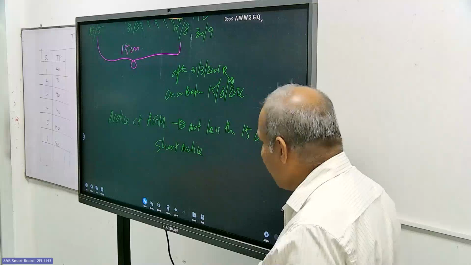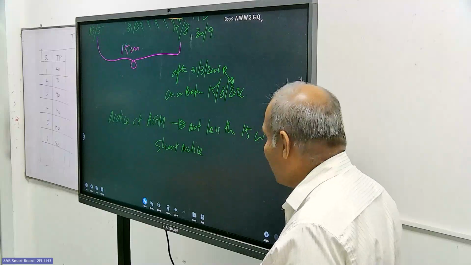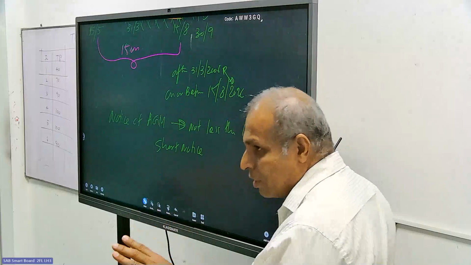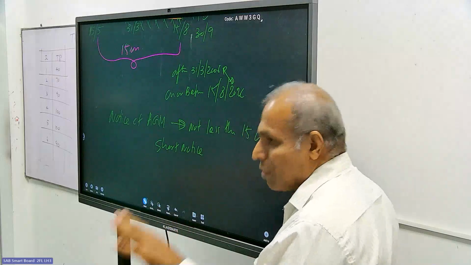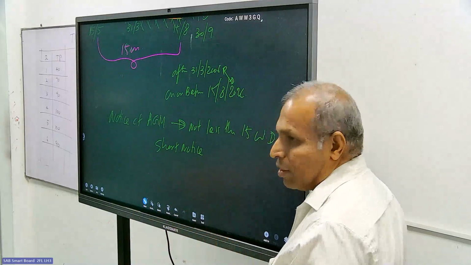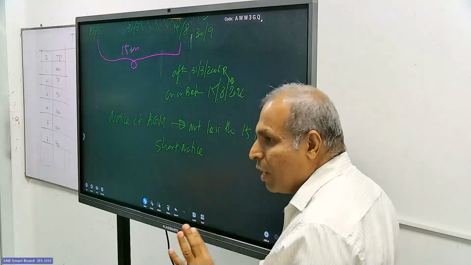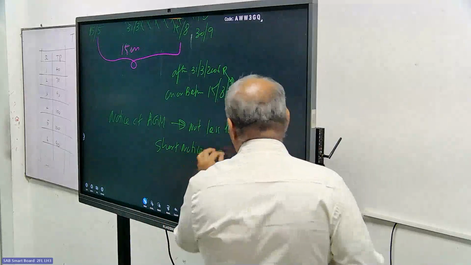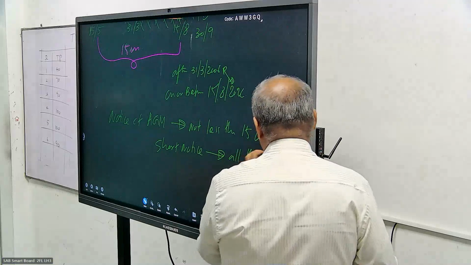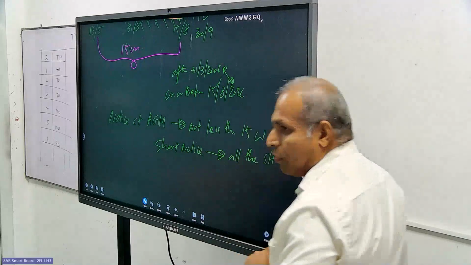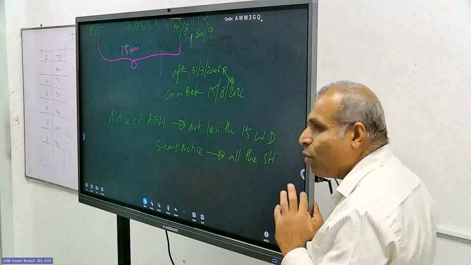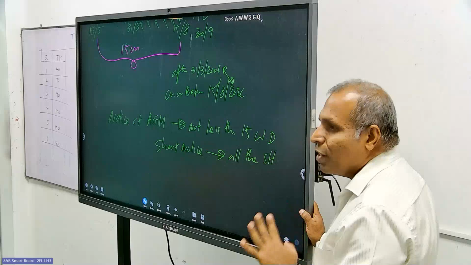However, very important, all the shareholders must give their consent to call the meeting by short notice. With the consent of all the shareholders, the company can call an AGM by short notice.